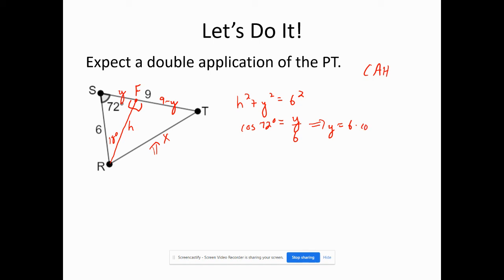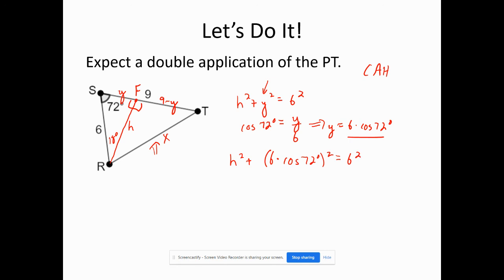So 6 times the cosine of 72 degrees, and then I can substitute that back into the first equation. So I can go h squared plus, instead of y, 6 times the cosine of 72 degrees, squared, is equal to 6 squared.